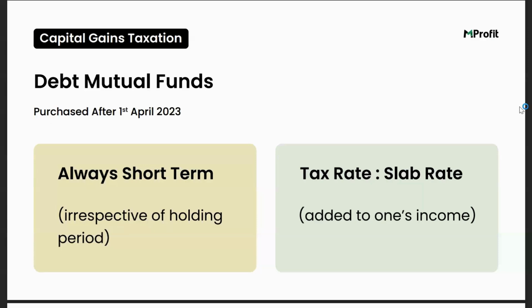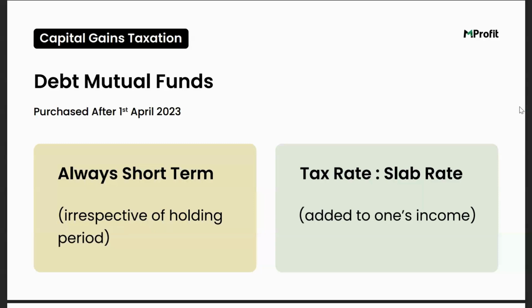So Radha, we can move to the next slide, which is debt mutual funds purchased after 1st April 2023. Thanks, Tanmay. Now, the second scenario for debt mutual funds is if you have purchased the mutual fund after 1st of April 2023. In this case, there is no definition of short term or long term.